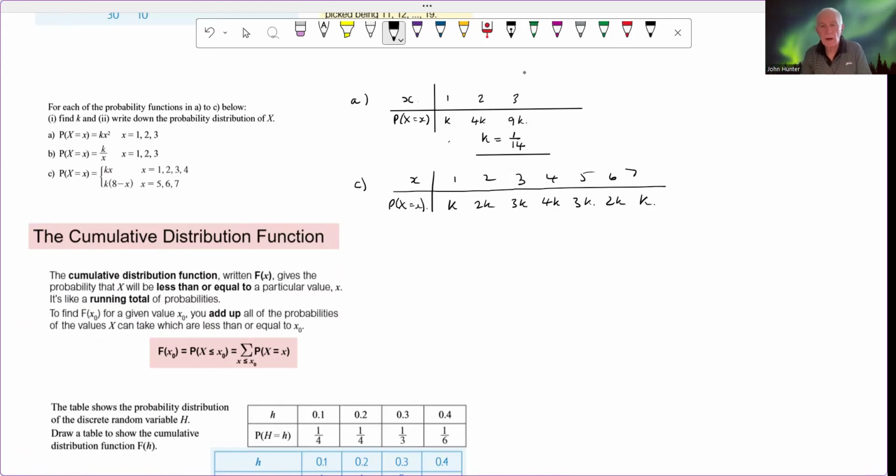It basically rises up to the maximum probability in the middle. So if we add all that up, we get 16K. So the total is 16K, which we know must equal 1 for it to be a valid probability function. K equals 1/16th. Okay.